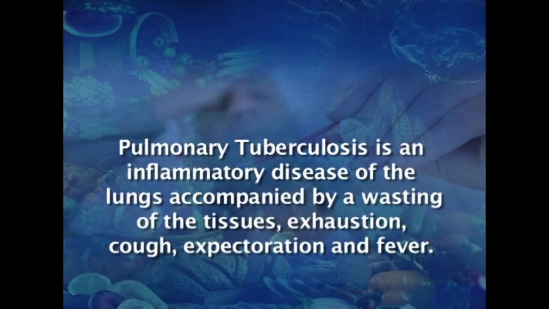Pulmonary tuberculosis, meaning the one which affects the lungs of the patient, is an inflammatory disease of the lungs accompanied by a wasting of tissues, exhaustion, cough, expectoration and fever. In the acute form, it resembles pneumonia because the temperature is high and circulation and respiration are increased.